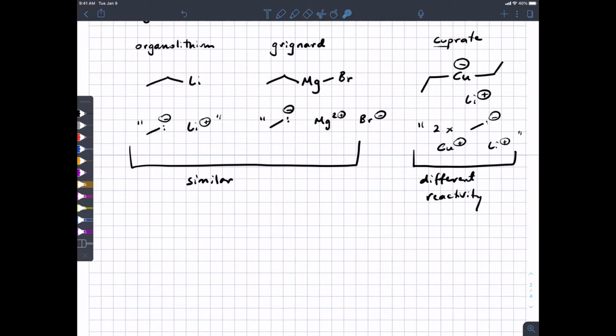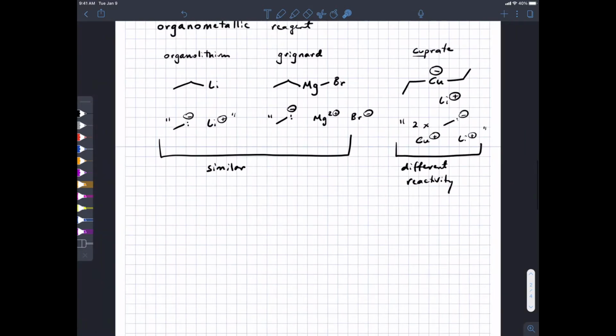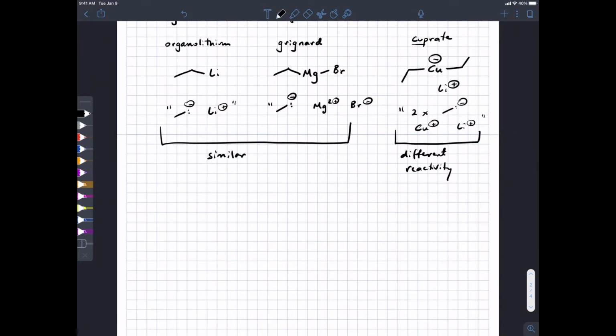Okay, so how do we make these reagents? You can make them from alkyl halides. So as an example, if you take the corresponding ethyl halide and you add lithium metal, I'm going to use a little superscript 0 to indicate that's lithium at the 0 oxidation state. You get lithium metal, which you can get out of your lithium batteries if you want.